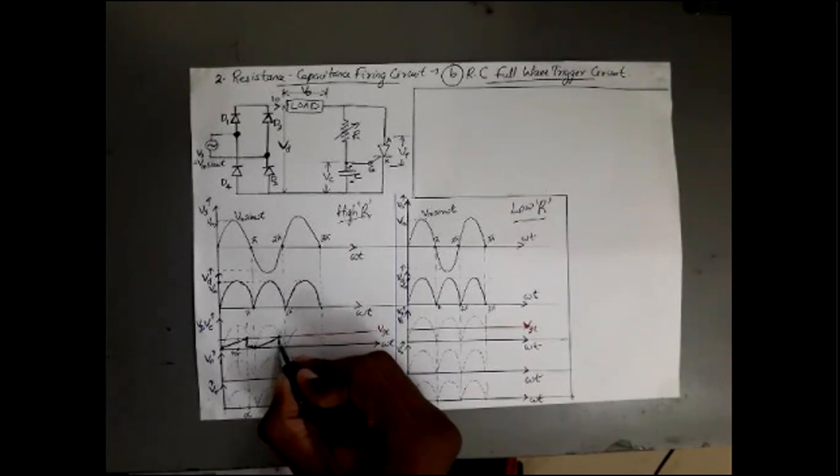And at 2 pi, what happens? My capacitor voltage becomes zero. Again the same process. Again positive half cycle, positive voltage will be appearing across my capacitor and the capacitor will be charged slowly, and at this point again my SCR is triggered and VC has reduced to a very low value near to zero.